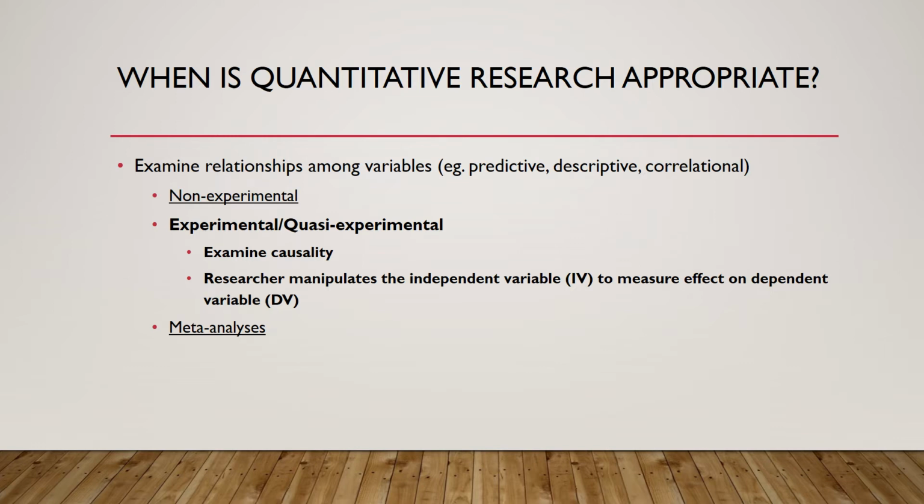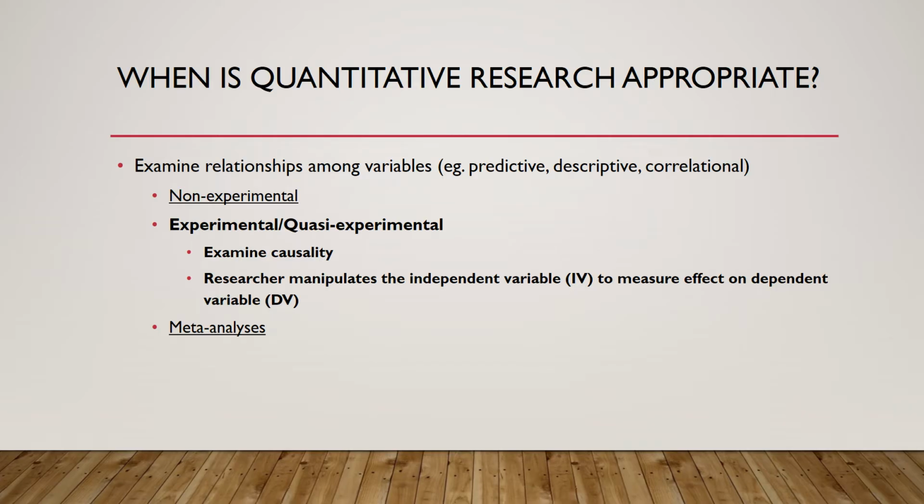And the independent variable is the intervention or the thing we manipulate. So think independent and intervention both start with an I. That's one way to memorize that. And then the dependent variable is the outcome. The variable that we want to see, is it affected by that intervention? And I often think of this as, is that variable dependent on something, or is it affected by that something, that independent variable?